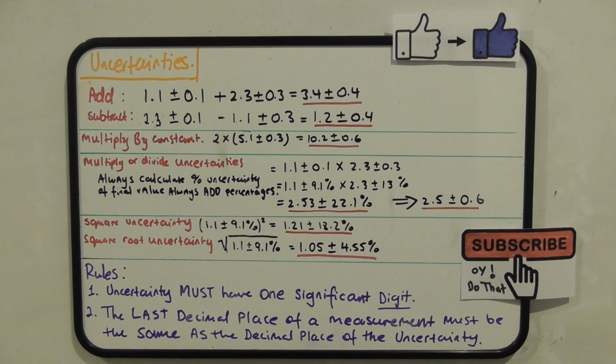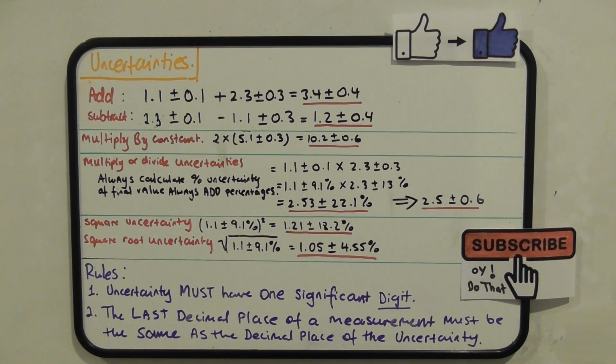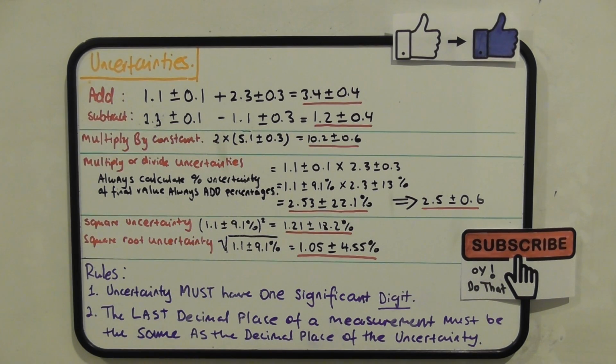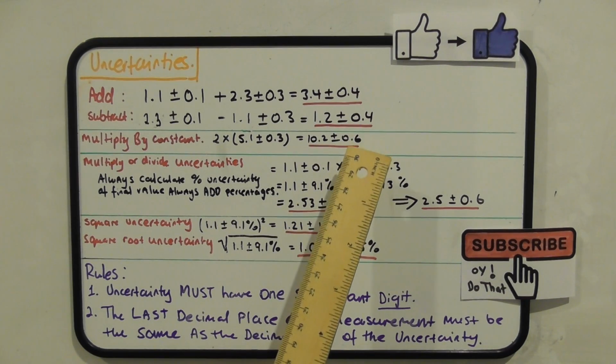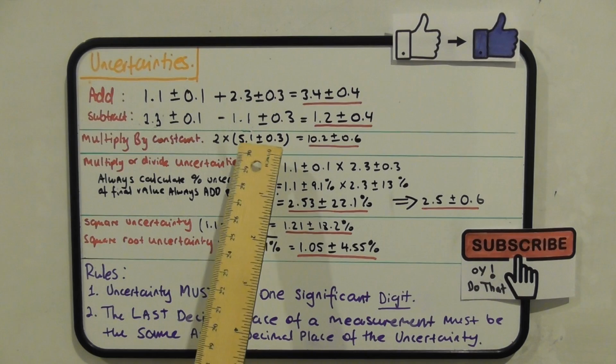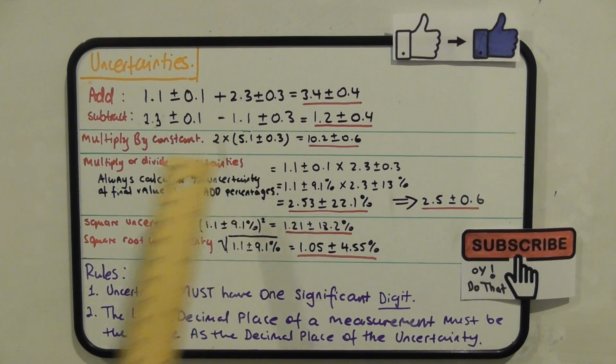And this is done because if you multiply something by a constant, it retains the same percentage value. The percentage 0.6 has in 10.2 would be exactly the same as the percentage 0.3 has in 5.1.